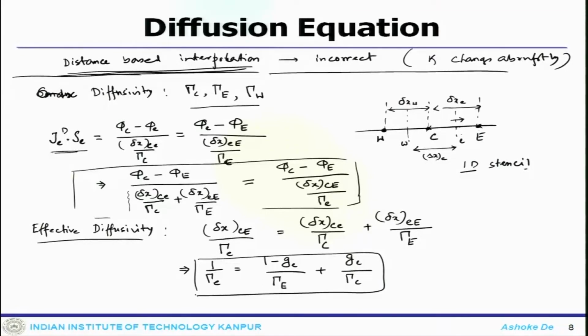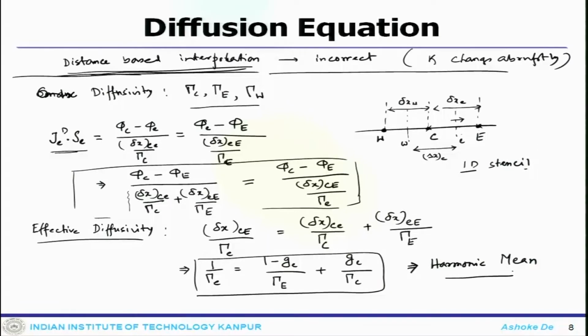Okay. Now, this essentially looks like a harmonic mean. So, the previous case which we have derived, that was the arithmetic mean, but in this case this gives rise to the harmonic mean.